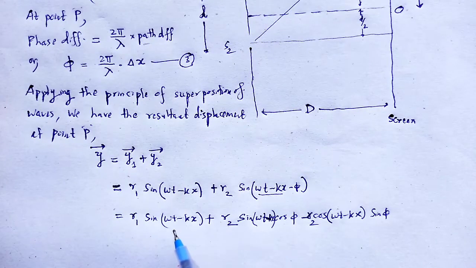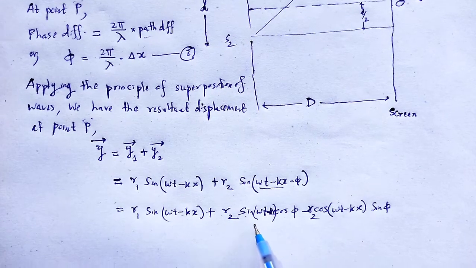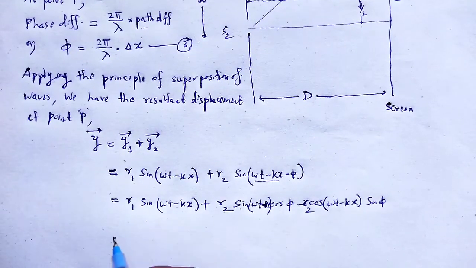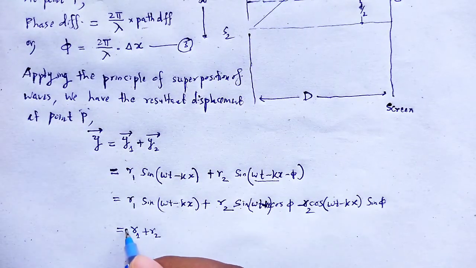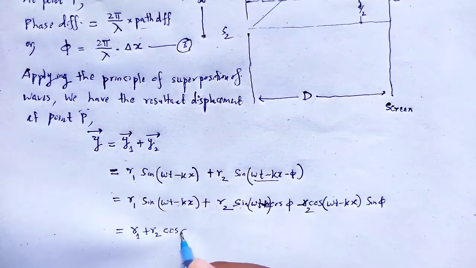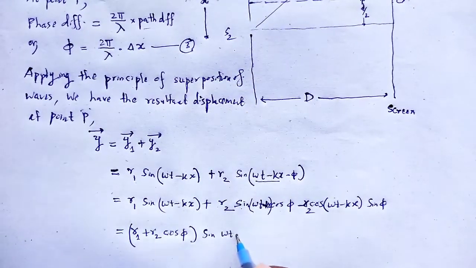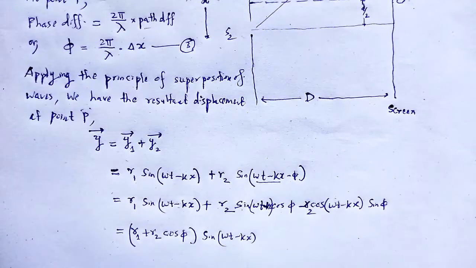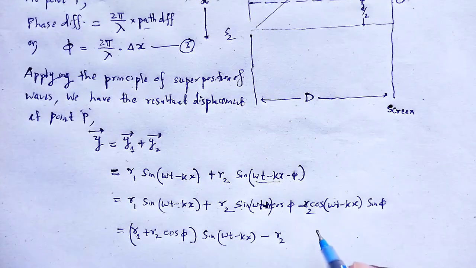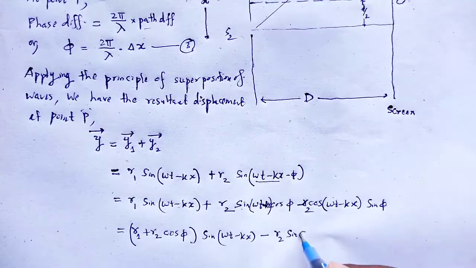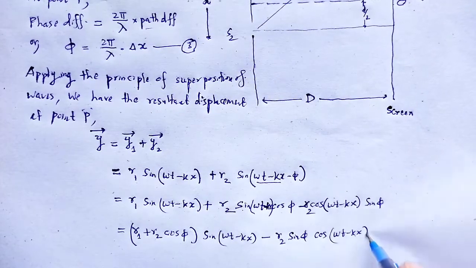From this we take sin(omega t minus kx) as common. We have (R1 plus R2 cos phi) sin(omega t minus kx) minus R2 sin phi cos(omega t minus kx).